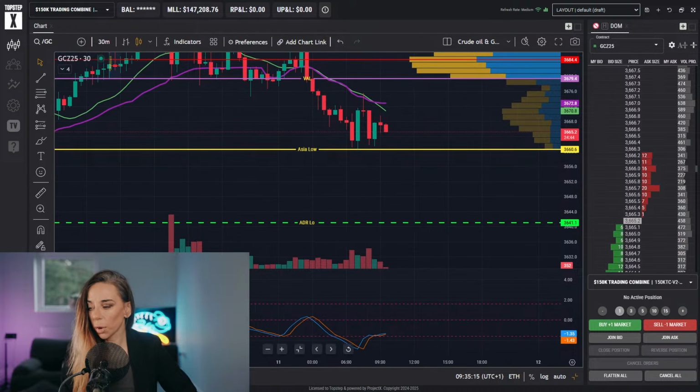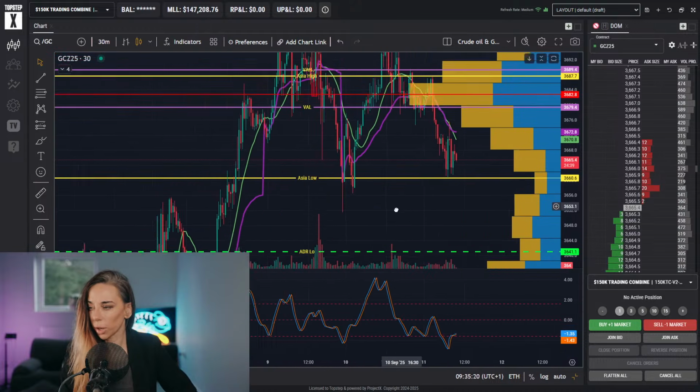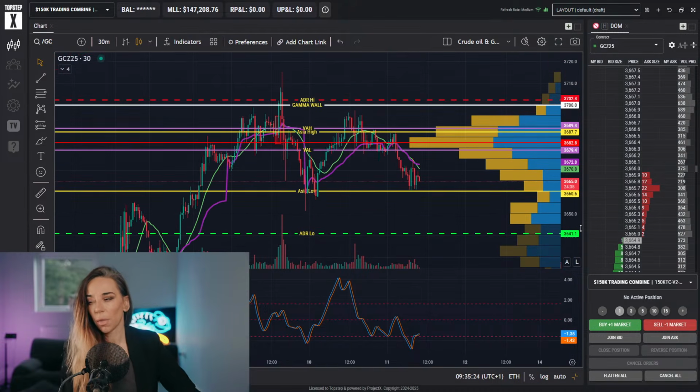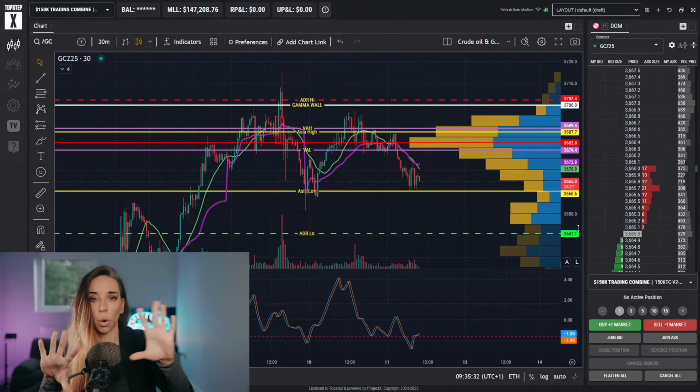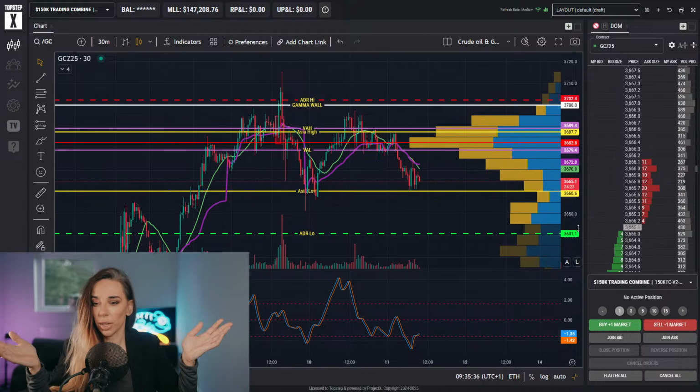Now, I went back to see what is happening with the value areas, and they are actually overlapping for the last 3 days. That can be a sign of something called a bracketing market. It's effectively a consolidation. So when you have distribution curves that start to overlap, it effectively means that the price has not really moved to any new levels for 3 days.